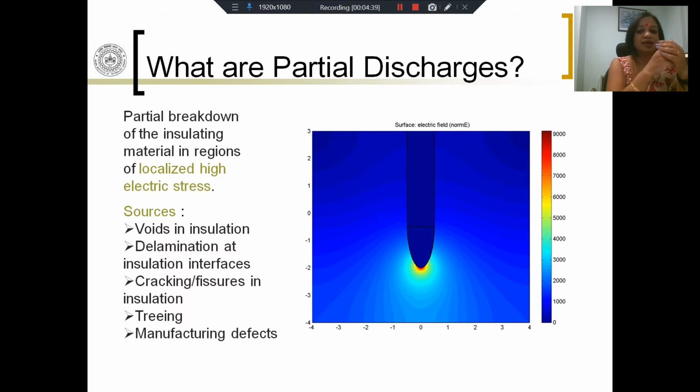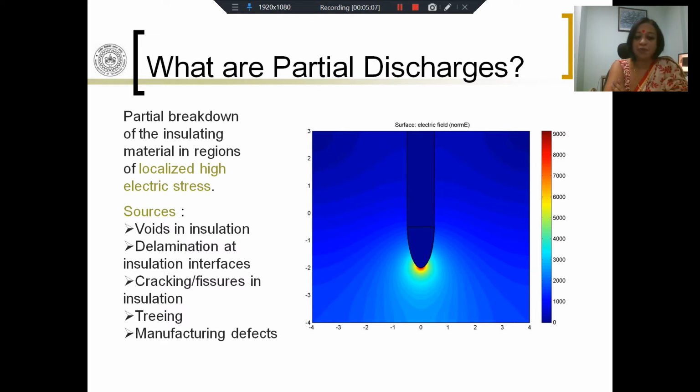Let's say it's gas, so it has a lower dielectric breakdown strength. So when you apply a voltage across the entire sample, the solid part remains unaffected, but only the small inclusion breaks down. Remember, when you have a low permittivity material in proximity to a high permittivity material, the low permittivity material will also be stressed more than is usual and is therefore likelier to break down. So voids in insulation can be a source for PD.